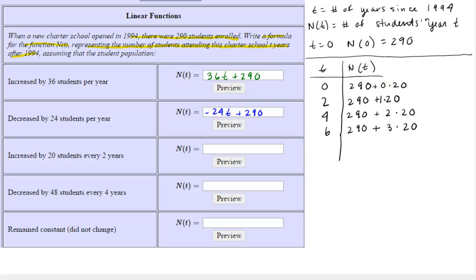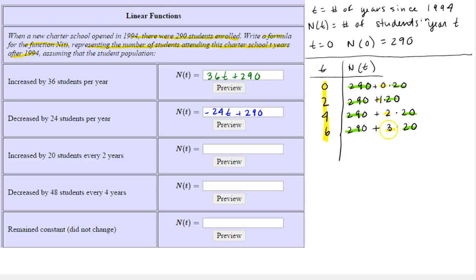Now let's highlight what's fixed. So every single time we have 290, every single time we have 20, and what's varying here is 0, 1, 2, and 3. So notice this doesn't exactly line up with the t value.